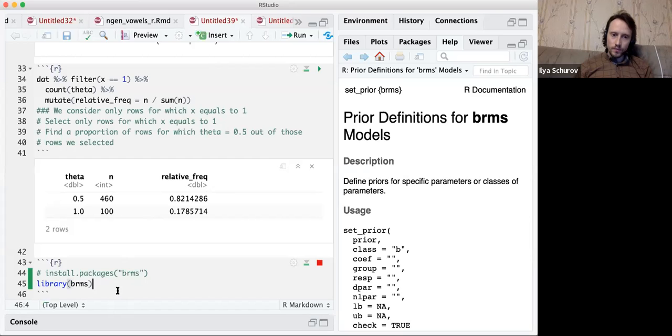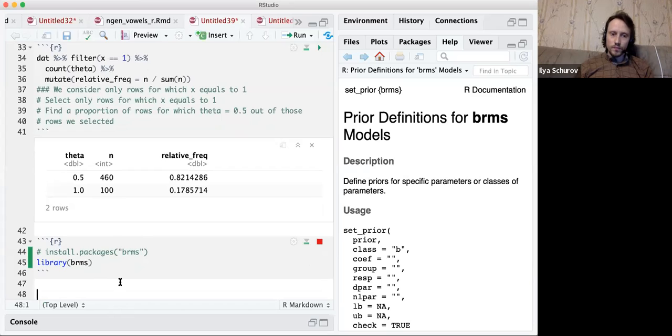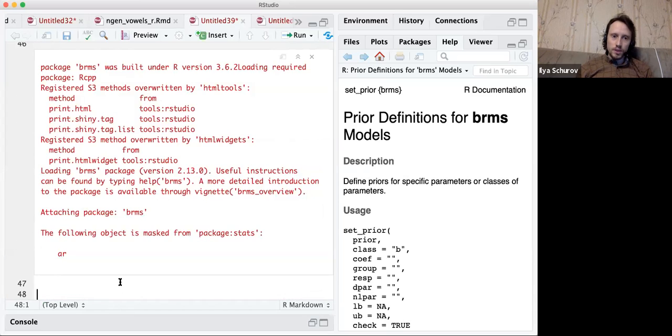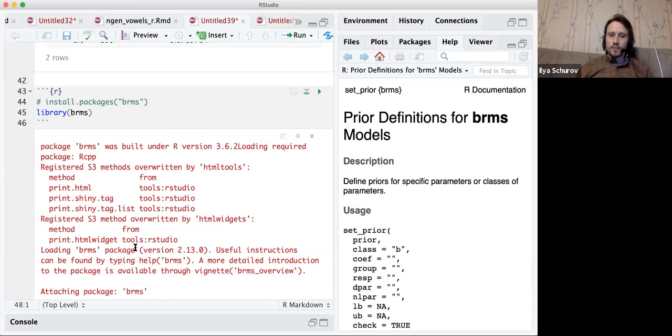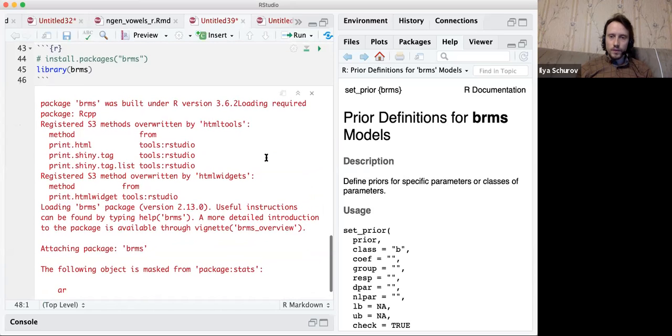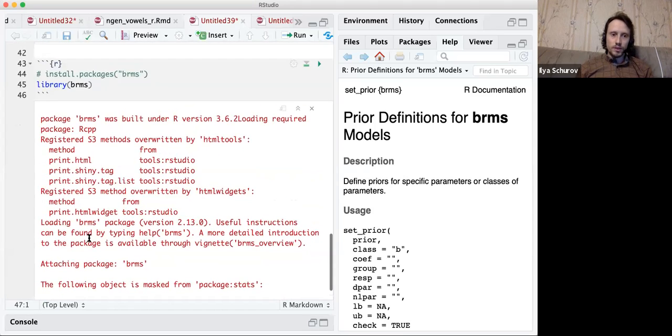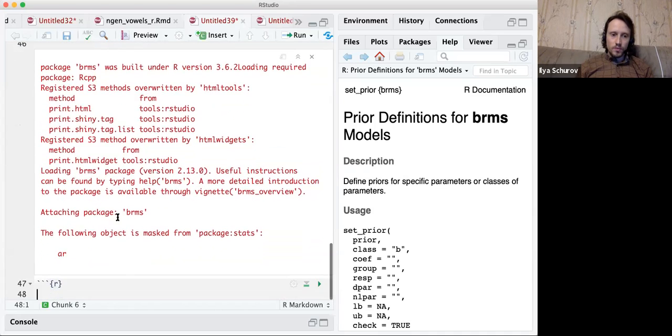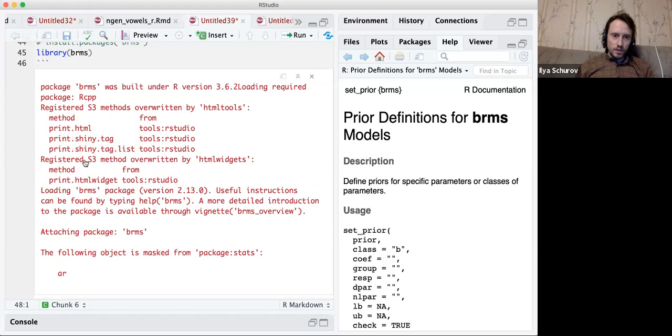I hope that it will start, but probably there will be some problems with installation. This is a package that is based on another programming language called Stan, and it uses some compiling to C++, so there can be some problems. This is not as straightforward as usual, but at least let us try to do it. I will use some data set to show you some application of these Bayesian methods.